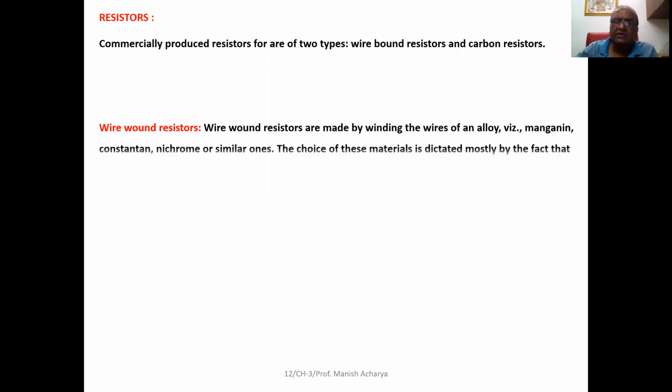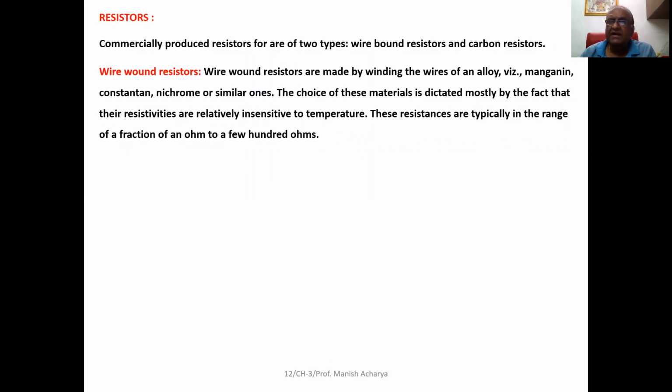These wire wound resistors are made from alloys like manganese, constantan, nichrome, or similar ones. These wire wound resistors are made by winding of wires on a non-conducting base.